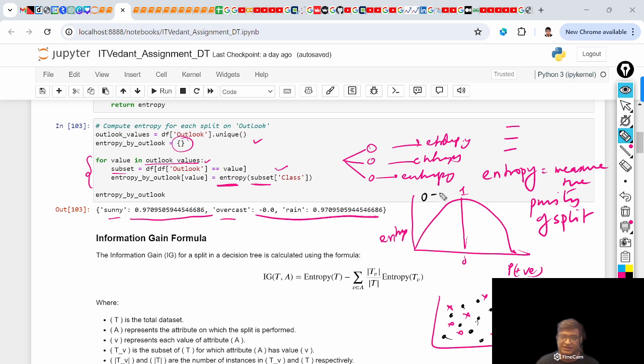As entropy ranges from 0 to 1, if we find the entropy of any node to be 1, that means it is the most impure split. In a binary classification, the probability of classifying both classes will be 0.5.